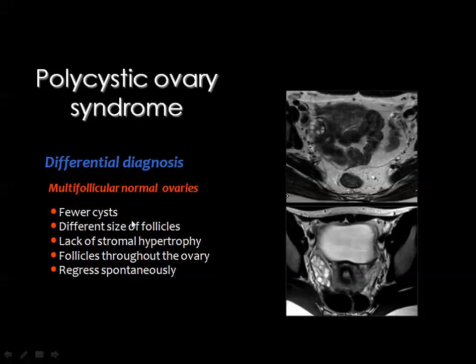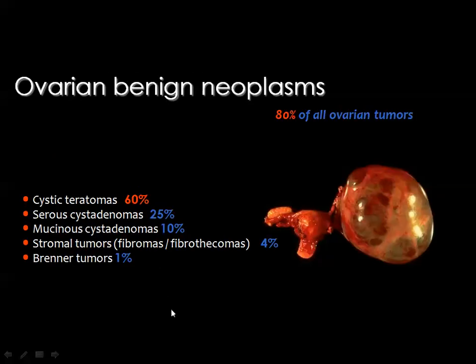In the normal ovaries, the cysts are fewer. They are of different sizes, small, medium, and large follicles. There is a lack of stromal hypertrophy, the follicles are distributed throughout the ovary, and the follicles regress spontaneously. These follicles do not regress.